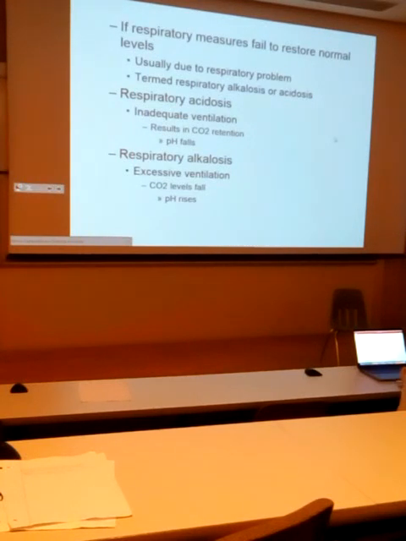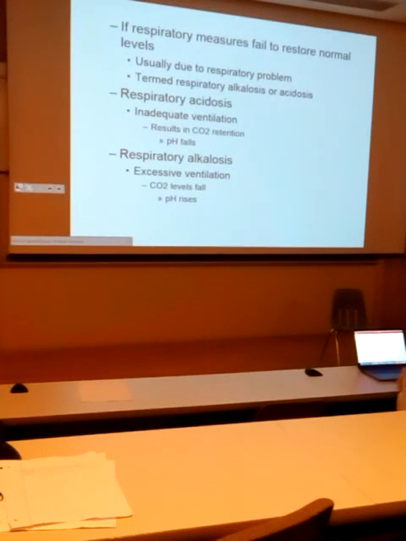For example, if somebody has COPD or emphysema, what is their problem? They can't exhale fully. They trap CO2. Does it make sense that their CO2 levels would start to accumulate? Even if their respiratory system is stimulated to increase the rate and depth of breathing, it probably won't be able to get their values back to normal because they're never going to be able to exhale properly. This is termed a respiratory acidosis. That means they have an acidosis because there's something wrong with the respiratory system.